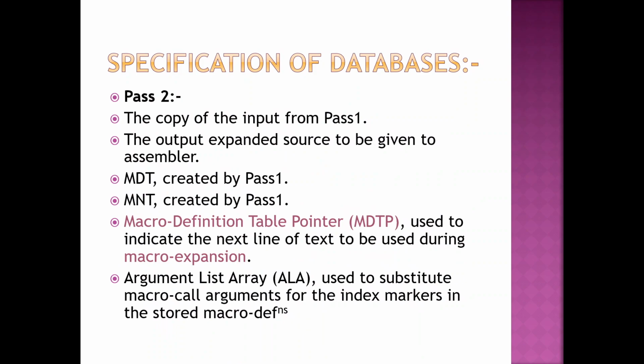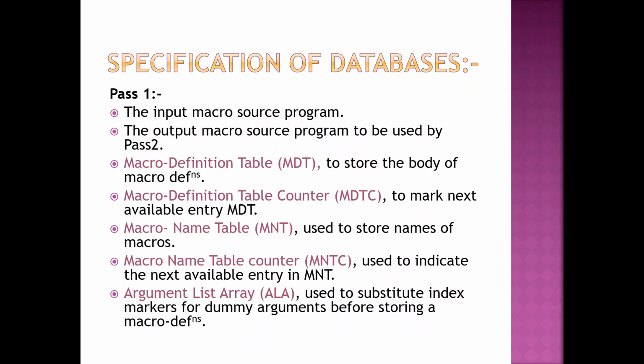Okay, so whatever we saw in the previous slide, I go back to that slide, all of these things happen during pass 1. The work of the macroprocessor is to find the macro definition and then substitute it with the definition, find the macro call, substitute it with the definition and expand it. Right. To do this process, it actually takes 2 steps.